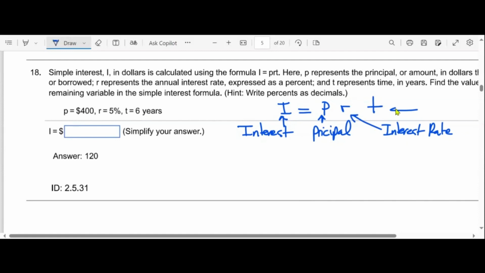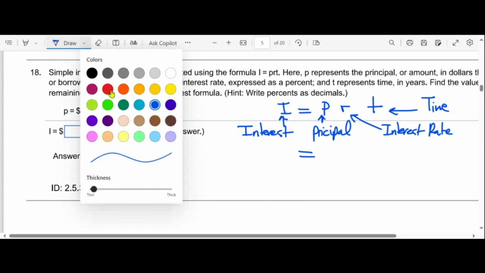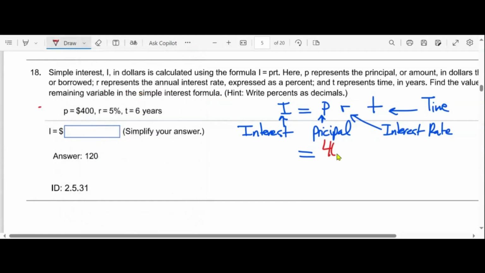Find the value of the remaining variable in the simple interest formula, and write the percent as a decimal. Okay, how much is the principal? 400. How much is the interest rate? 5%. So you make it in percentage, right?